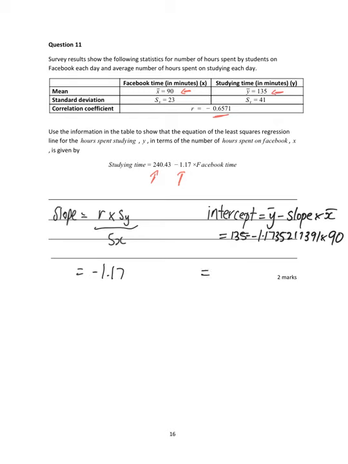Okay, so I'll do that on my calculator. So 135 minus negative 1. I'll just quickly whip it up.